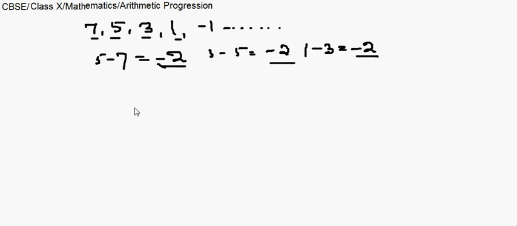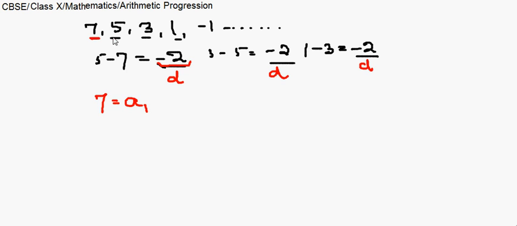This difference, which I calculated to be minus 2, is referred to as D. The first term, that is 7, is called A1.